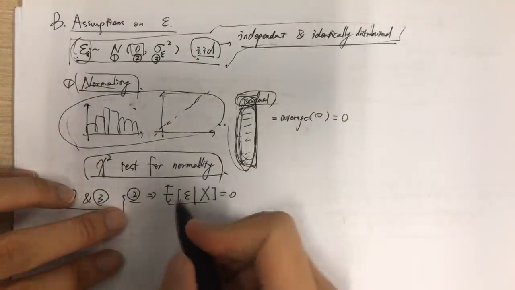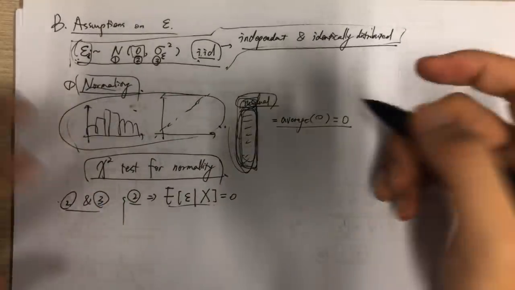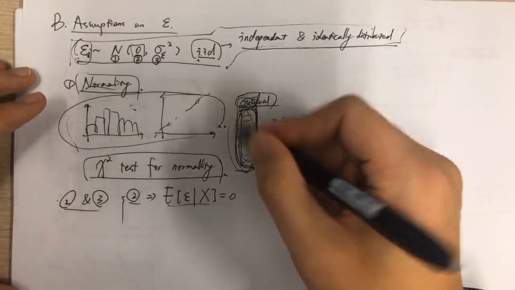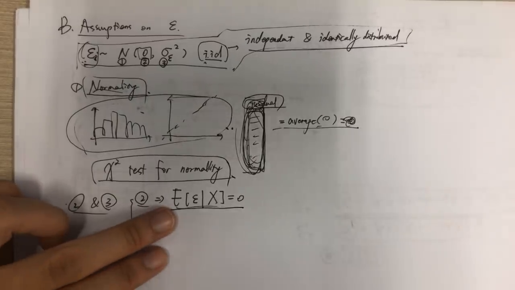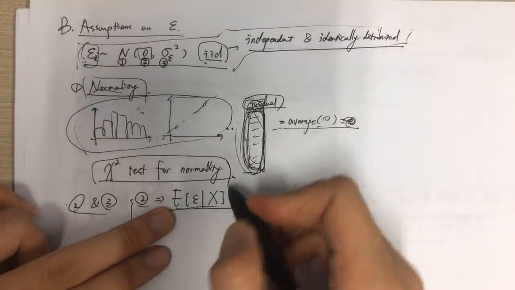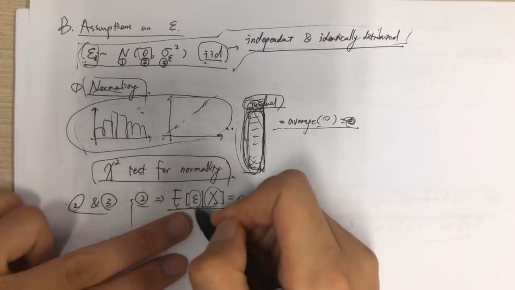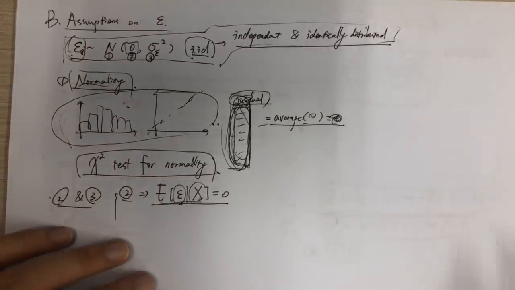However, is it always 0? Probably not, right? But anyway, no matter whether it is 0 or not, I'm not pretty sure, but you can double check it. But it's not a conditional average, okay? Conditional average means for any given x value, the error term, or the residual you observe, should have a mean of 0.